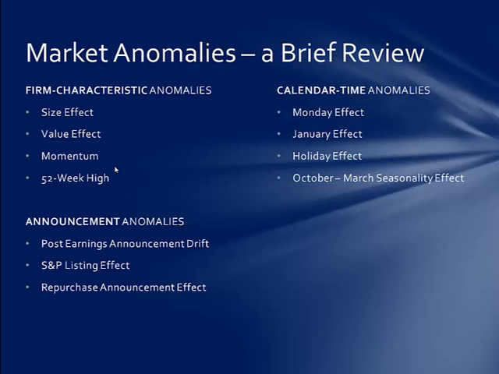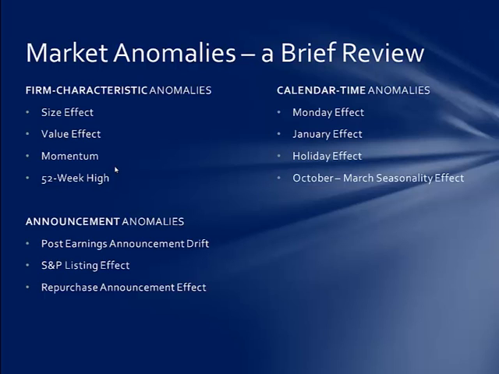The holiday effect is simply the finding that stocks, generally speaking, have abnormally high returns the day before holidays, specifically holidays on which the markets are closed. The October through March seasonality effect is the finding that the lion's share of positive returns in the stock market occur between the months of October and March.